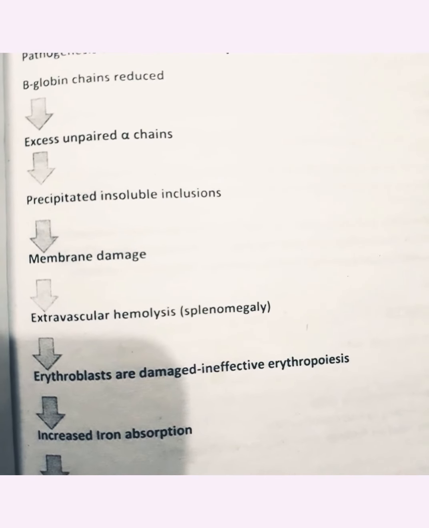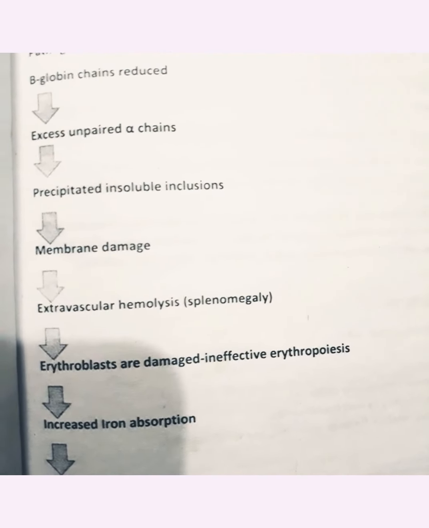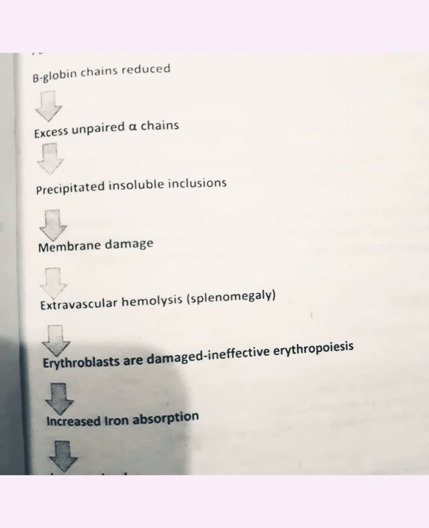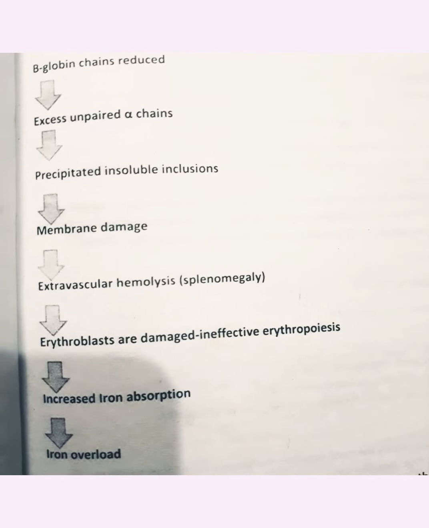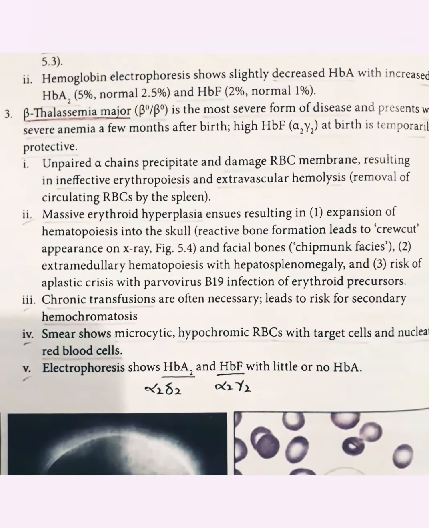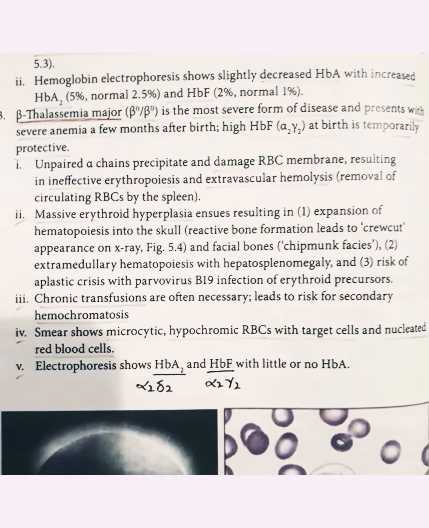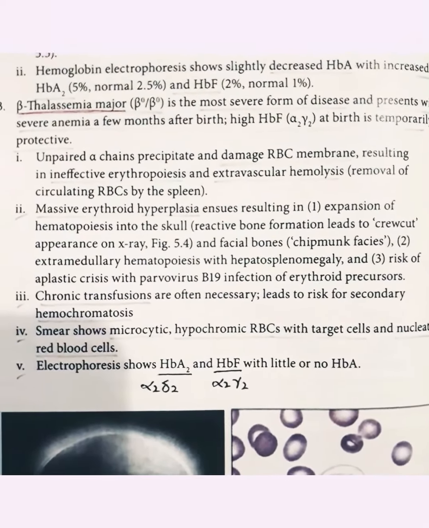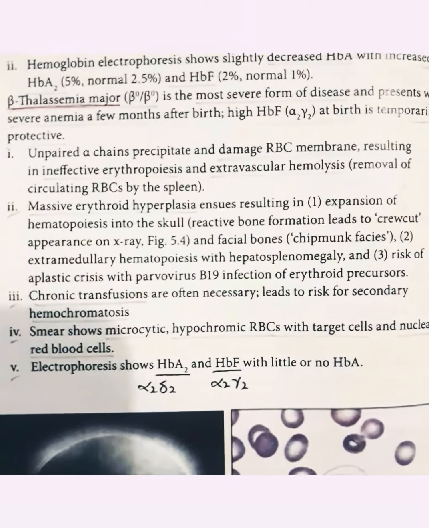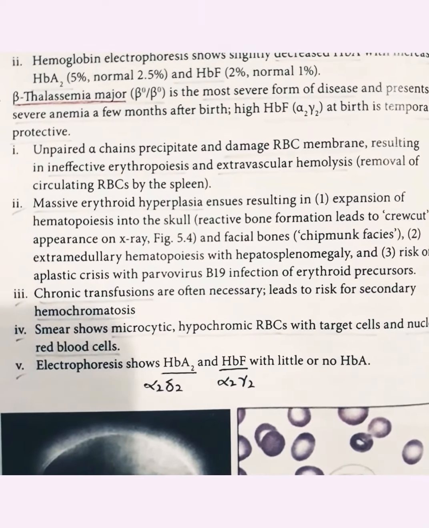Extravascular hemolysis will result in splenomegaly, erythroblasts are damaged, ineffective erythropoiesis, increased iron absorption. It will result in iron overload. Unpaired alpha chains precipitate and damage the RBC membrane, resulting in ineffective erythropoiesis and extravascular hemolysis.